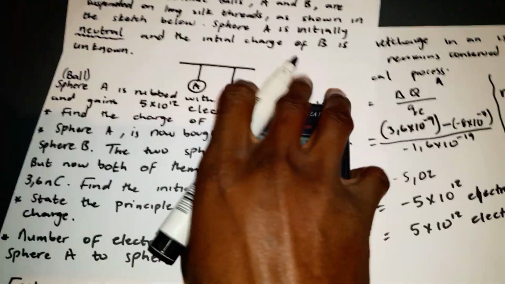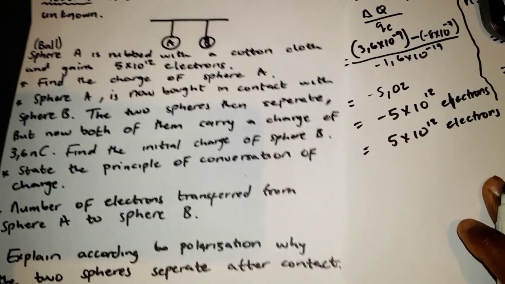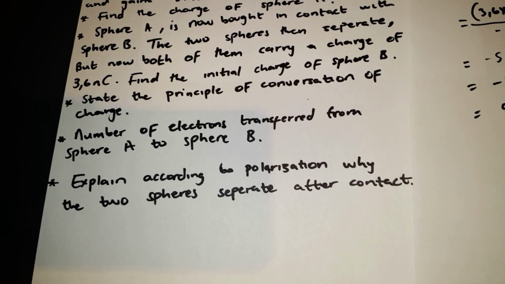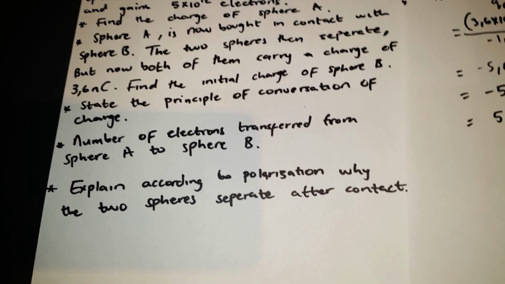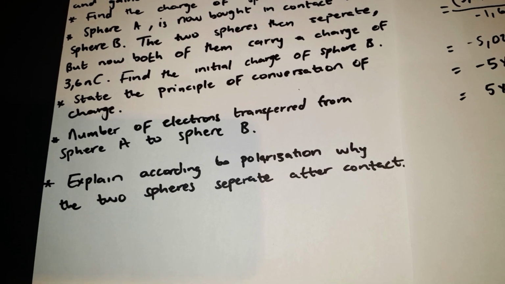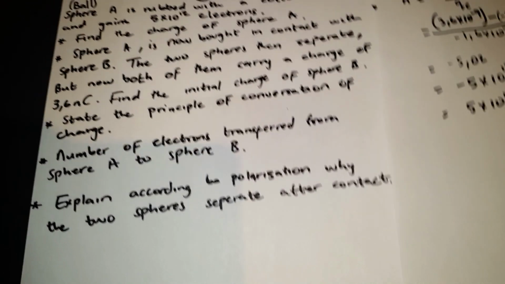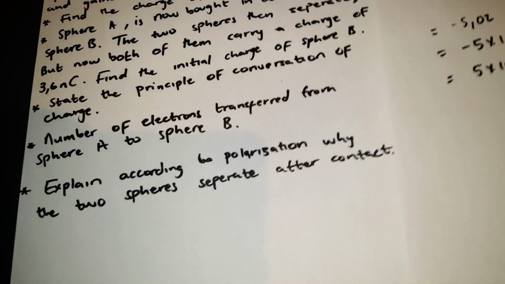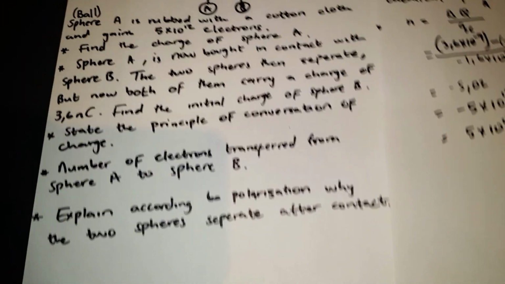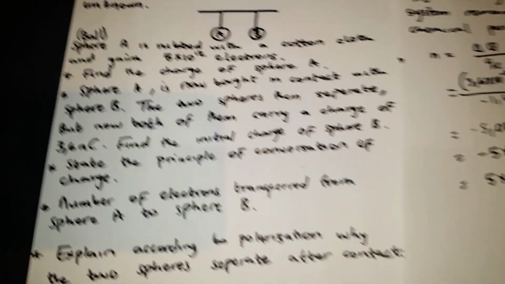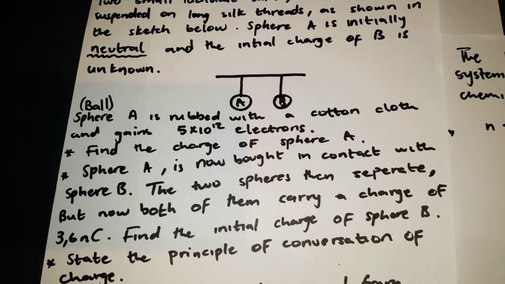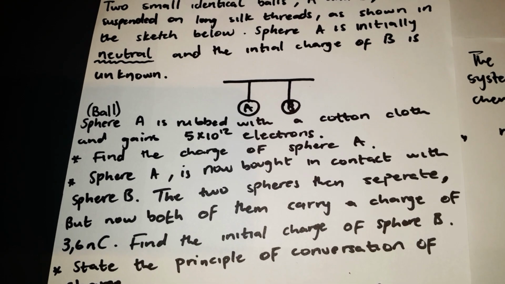So now let's go to our final and last question. It says, explain according to polarization why the two spheres separate after contact. So now, as I explained before, let me just repeat everything again. We initially knew that sphere A is neutral, no charge.